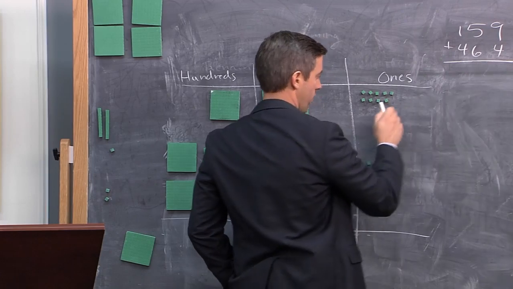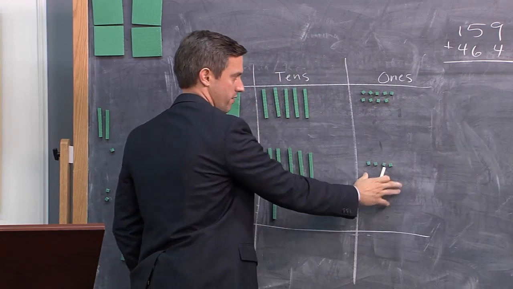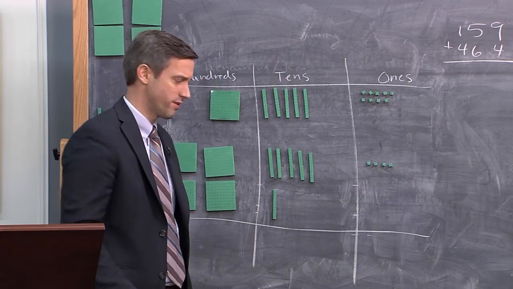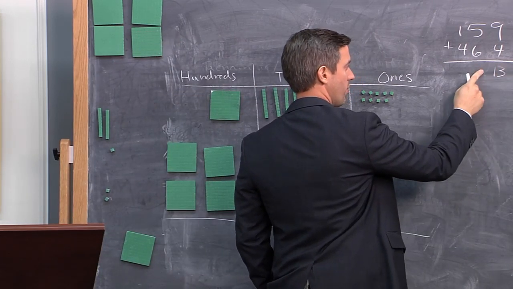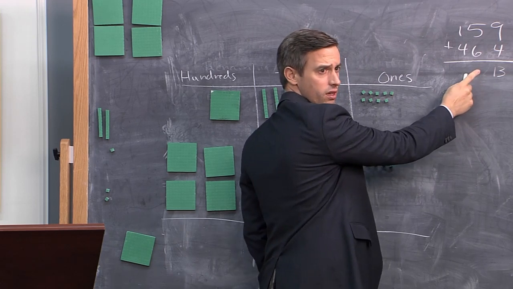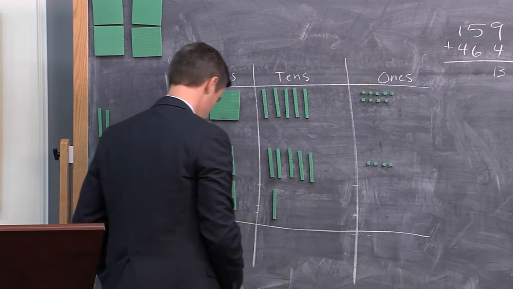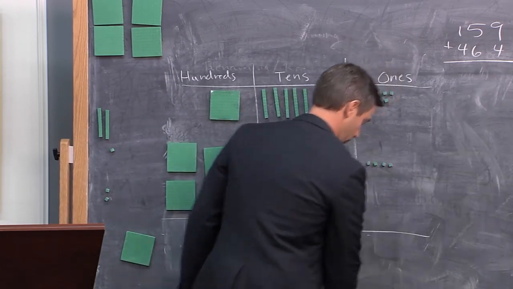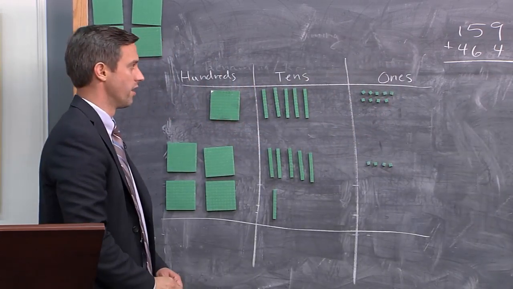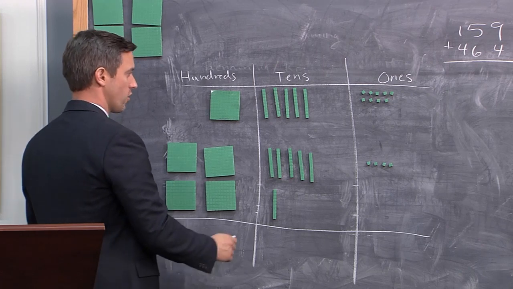Okay. So it's important here, when you combine them, what you're wanting to show them is 9 ones and 4 ones makes 13 ones. But I can't write a 13 here without running into the tens place. So what I have to do is regroup or trade. So I have to make a group of 10.